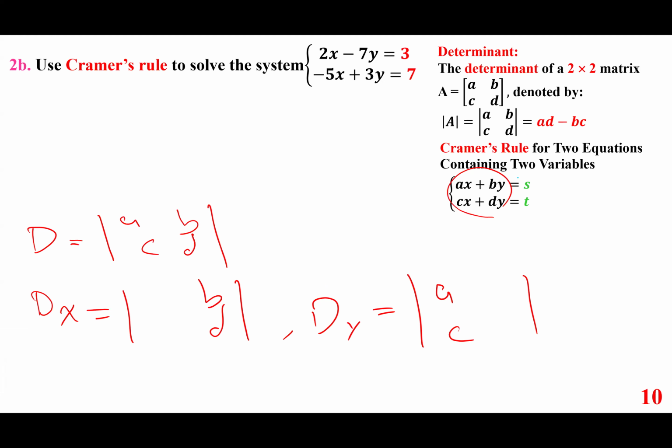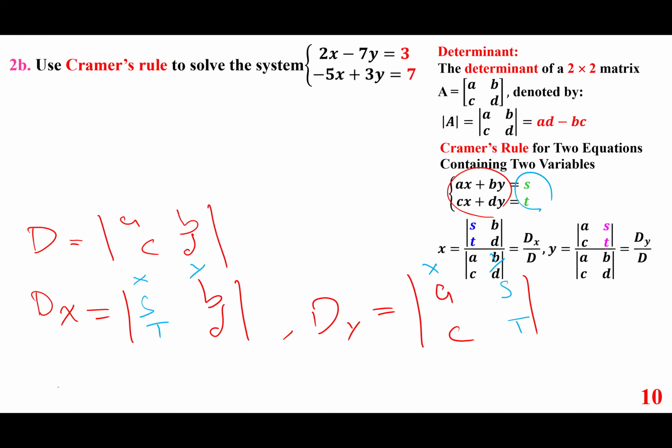For D sub x, with the x column, this is x, this is y, this is x, this is y. The x column is changed to s, t. For D sub y, the y column. And the ratio of D sub x to D is x, the ratio of D sub y to D is y. And you can expand that to 3 dimensions and even larger.